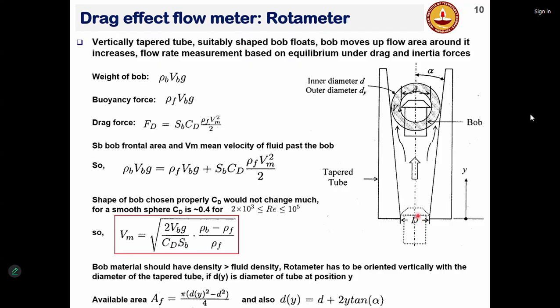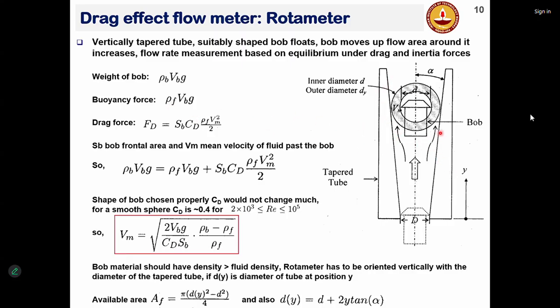Now, how far the bob will lift up would depend on the flow rate. Because if the flow rate is higher, the drag that is acting on the bob will be higher. So that means the bob is going to go farther and farther from the inlet bottom, depending on the flow rate. So the displacement of the bob, that is Y, will be related to the flow rate Q.